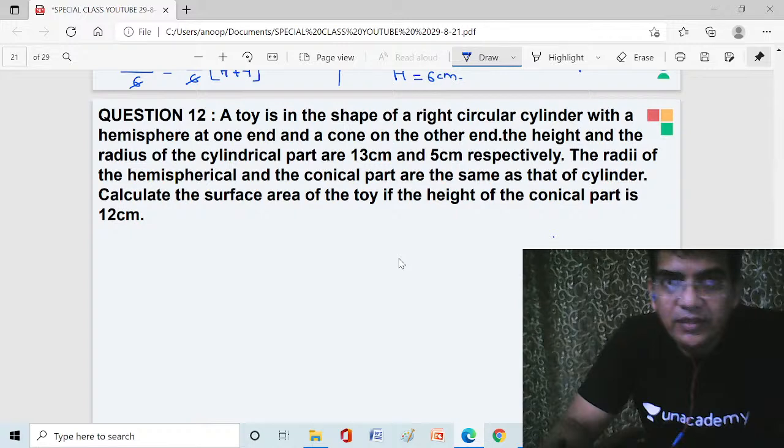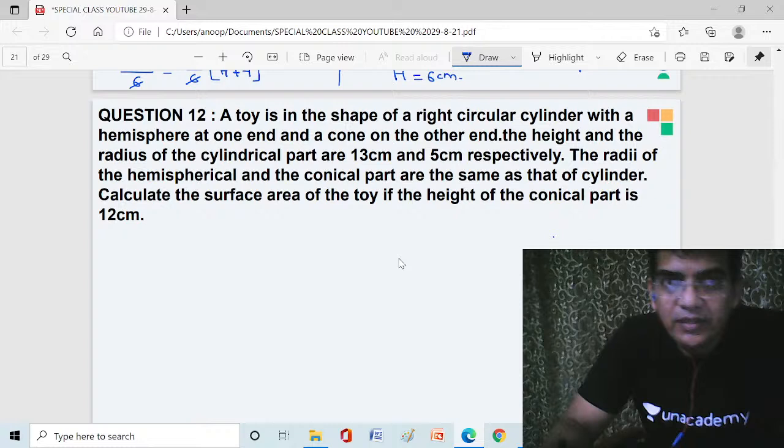The middle portion of the toy is a cylindrical portion with the hemisphere at one end, and a cone on the other end. So the toy is like this. Three portions: hemisphere, cylinder, and cone.